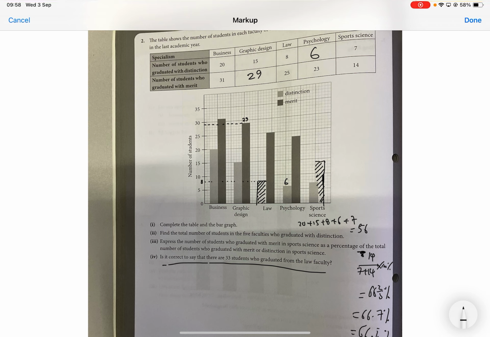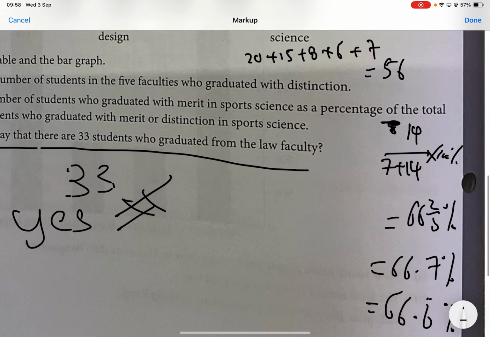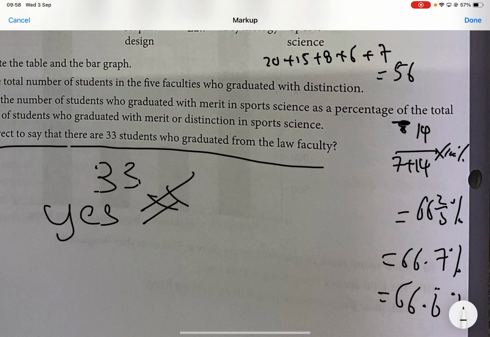33 graduated lor. Okay? So can you zoom in? So yes. Can you zoom in, Cha? Of course. You all learned some of this in primary school already, right?